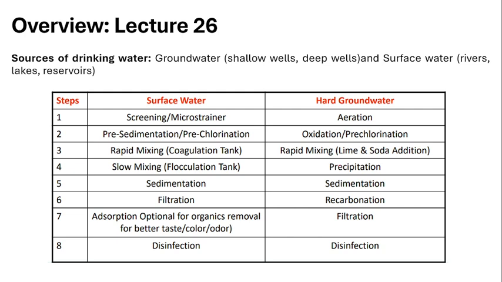Then it is followed by precipitation. Here the floccules are formed, because adding lime and soda causes precipitation. This is followed by sedimentation and recarbonation. Recarbonation here is to improve the quality of water. We are purging the carbon dioxide here, and then comes filtration. Finally, disinfection is done before the groundwater is allowed to be drunk.